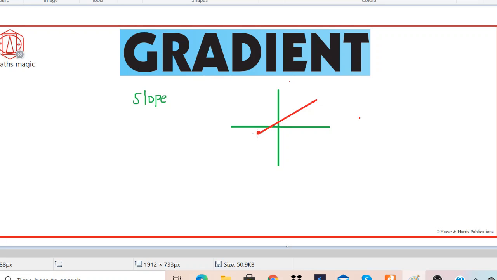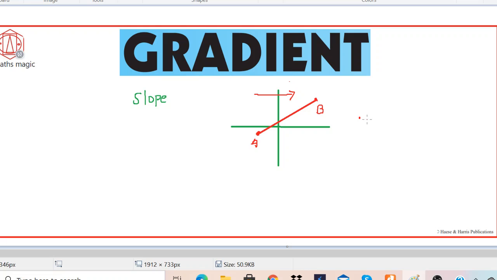Let's say we have a point over here, A, and then a point over here, B. If you are moving from left to right in the Cartesian plane, you can see that the line is going in an upward direction, right?